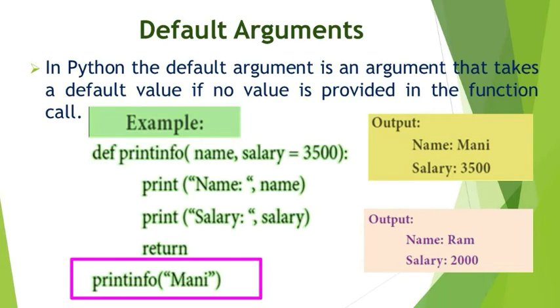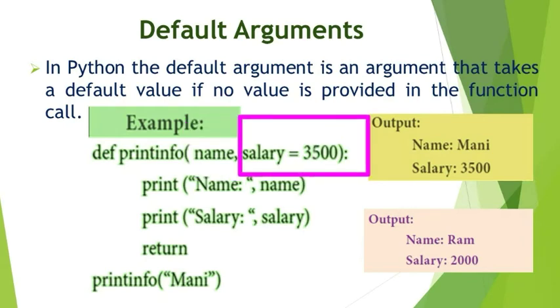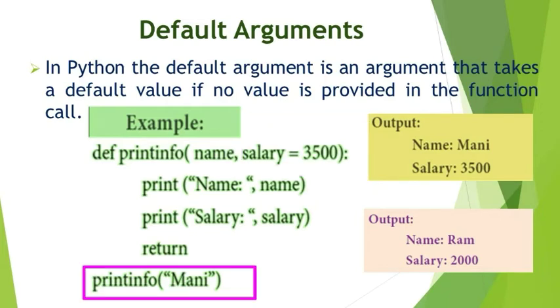See here, in the function definition two parameters are given. What are they? Name and salary. For the salary parameter the default argument is given, that is 3500. But in the calling function only one argument is given, money, that is for the name parameter.